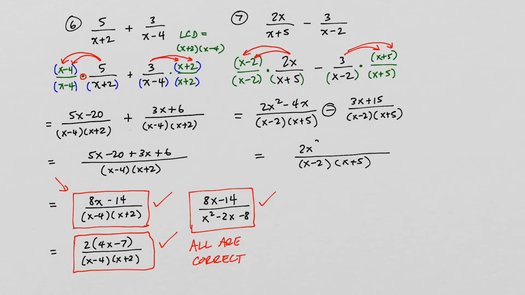So we take the first numerator, and when you subtract the second numerator, you have to distribute this negative sign to each one of those terms. So this is a critical step. This becomes minus 3x and minus 15. So it's really important that you see to distribute that negative sign.